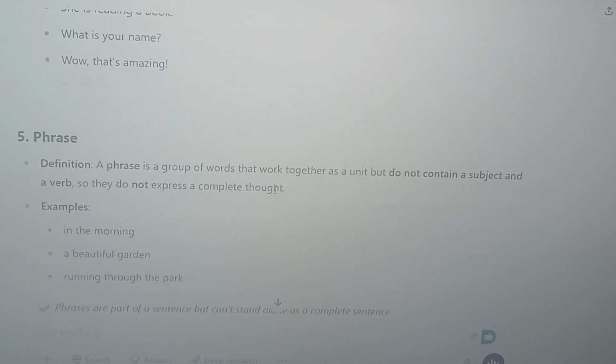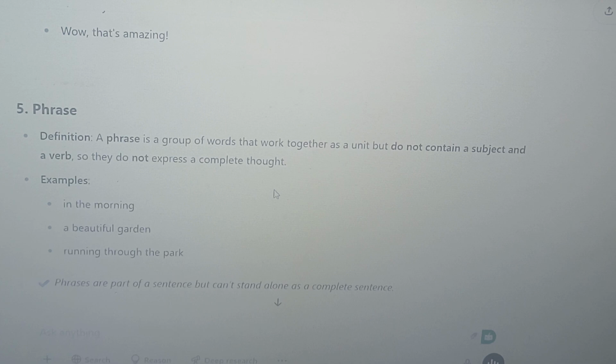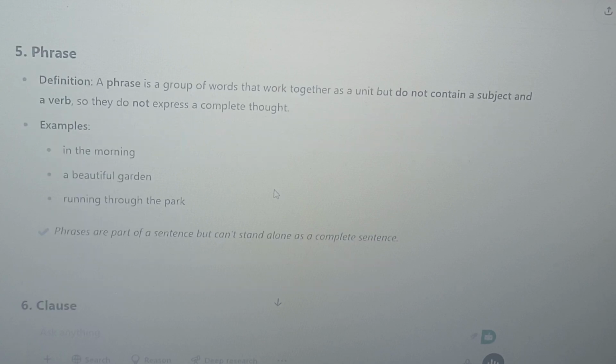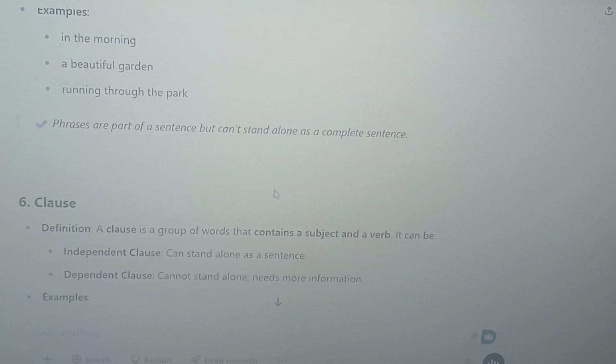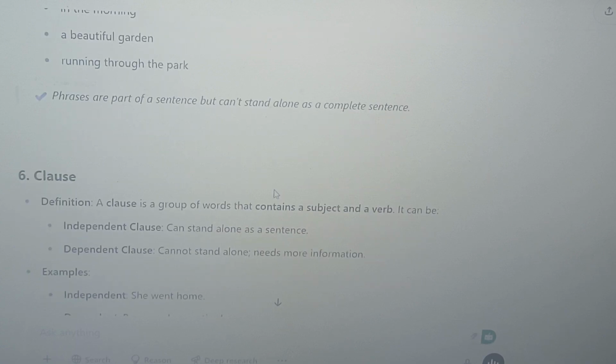A phrase is a group of words that work together as a unit but do not contain a subject or a verb. So they do not express a complete thought. In the morning, a beautiful garden, running through the park. Phrases are part of sentences but can't stand alone as a complete sentence.